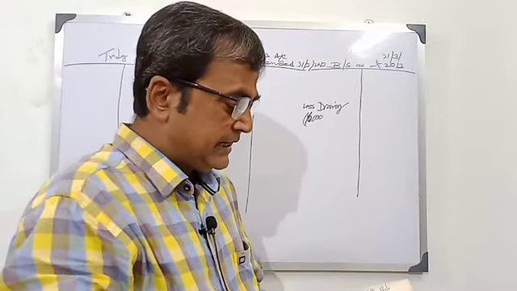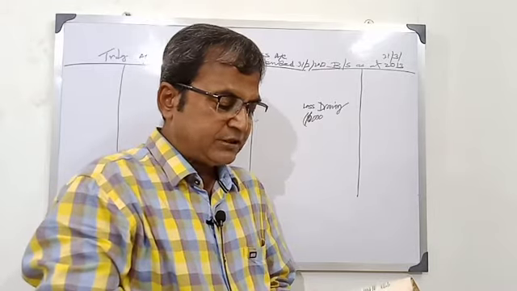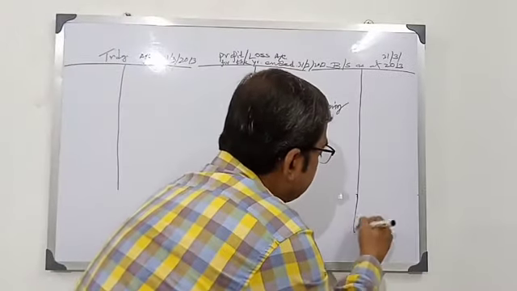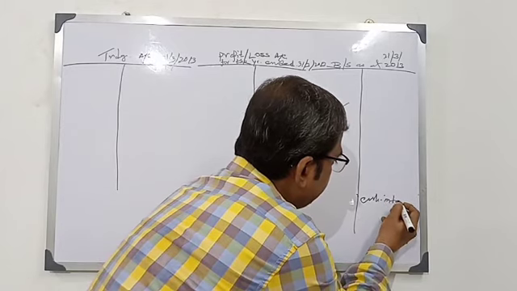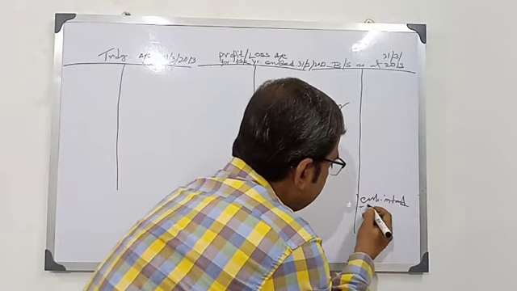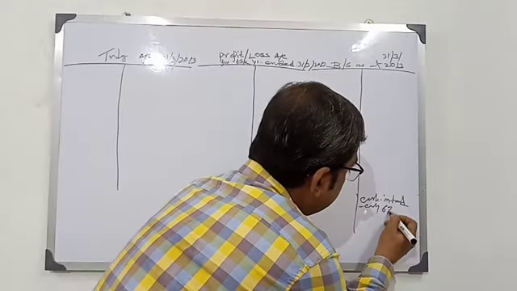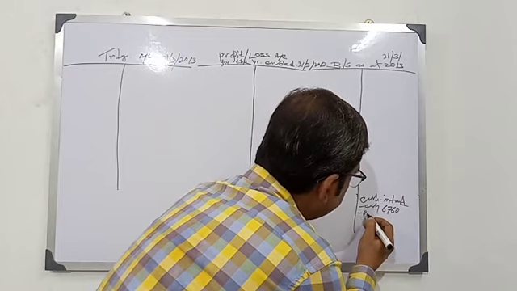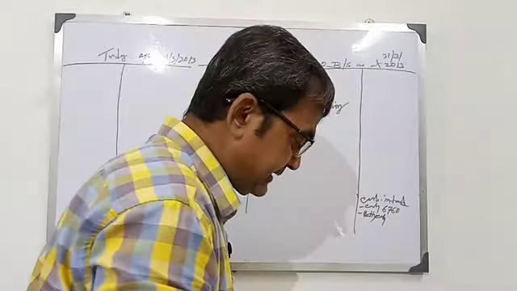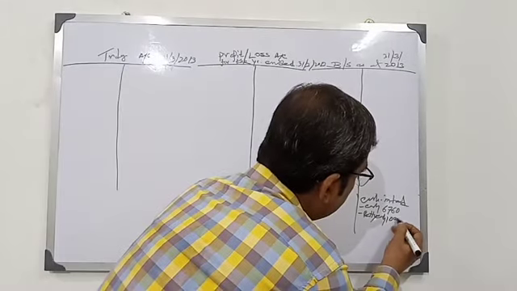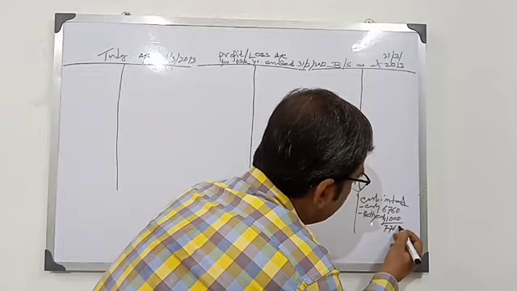Cash, that is cash in hand. Cash is 6,760. Petty cash is given 1,000. So in the balance sheet I will write cash in hand, total 7,760.